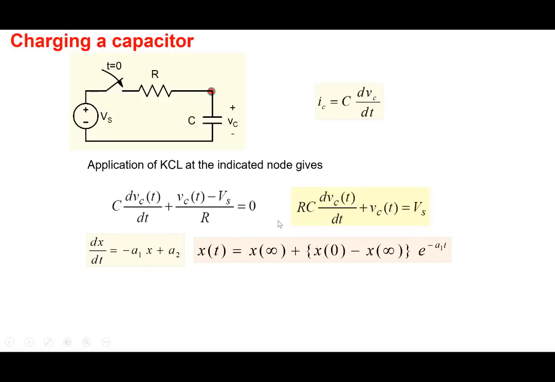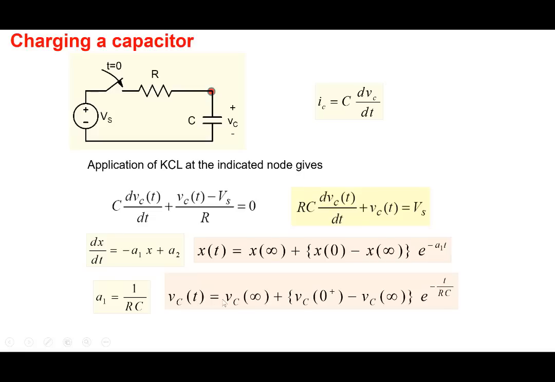So let's compare the two equations. If we compare the two equations, so let's take RC. If you look at it, we can divide all of them by RC here. So this RC will come here, and you will see that A1 is nothing but 1 over RC, okay, which is the time constant of the circuit.